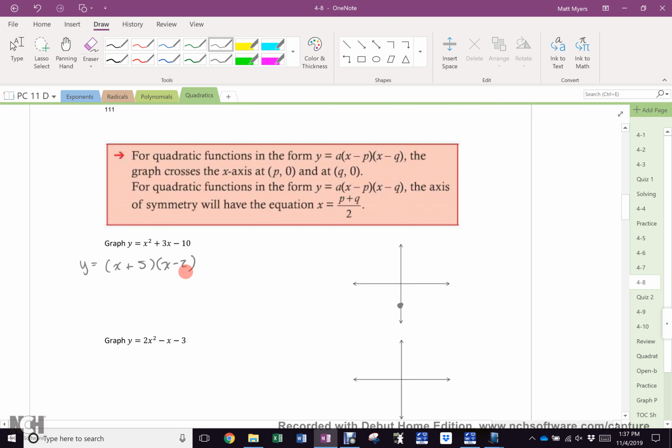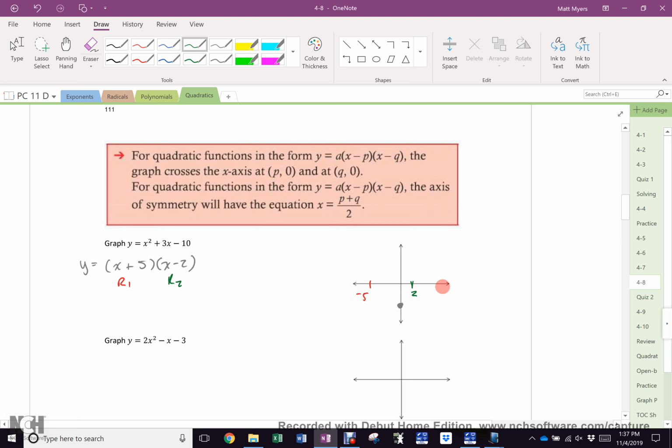That's easy. What is root 1? Root 1 is negative 5. What's root 2? So I got root 1 at negative 5, and I got root 2 at positive 2, yes?